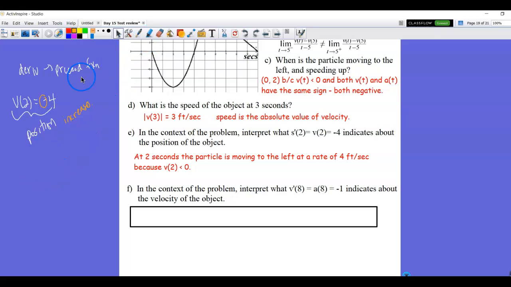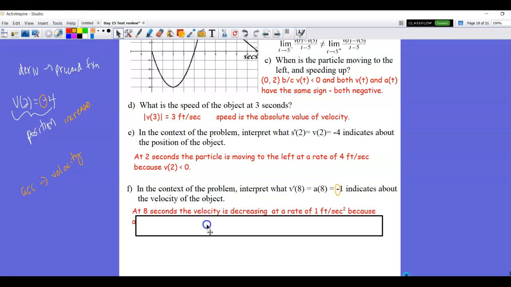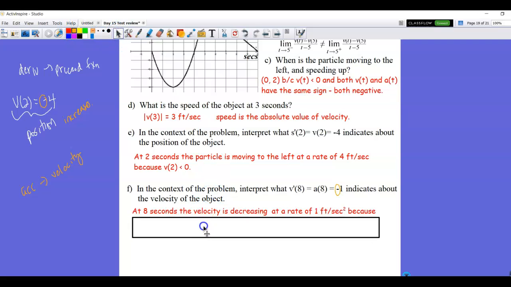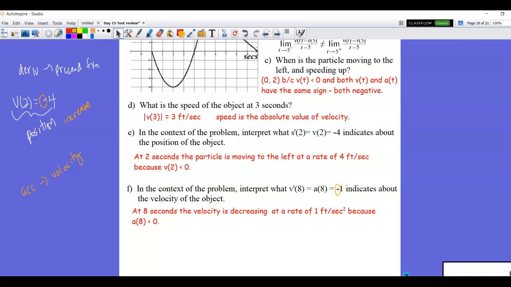So acceleration tells me whether velocity is increasing or decreasing. Since the sign of acceleration is negative, the velocity will be decreasing. At 8 seconds, the velocity is decreasing at a rate of 1 foot per second squared because the acceleration is negative.